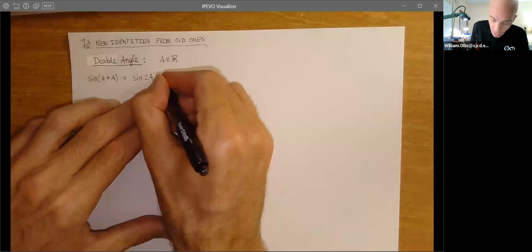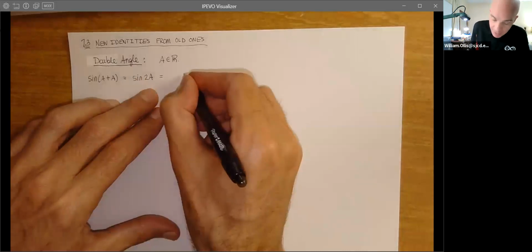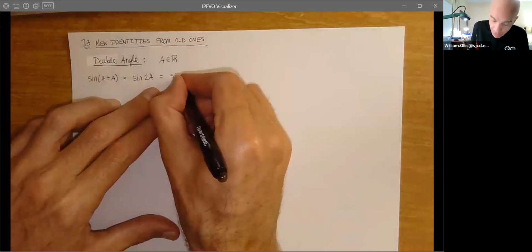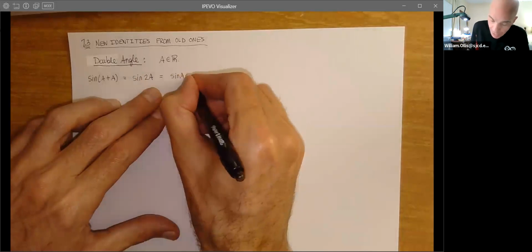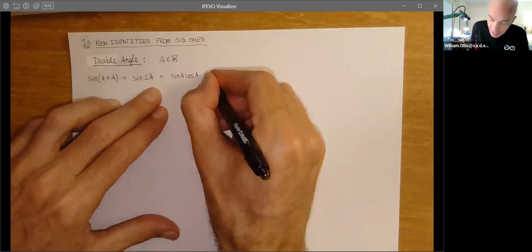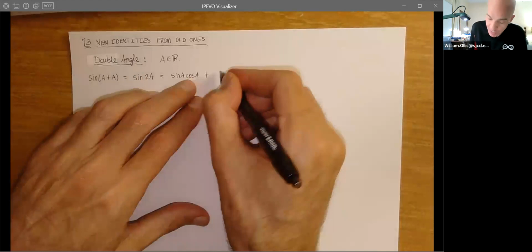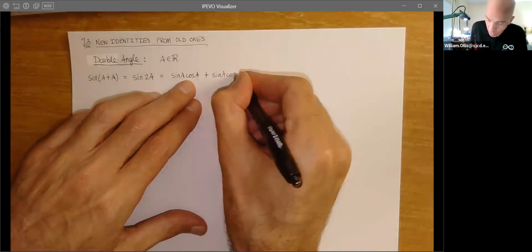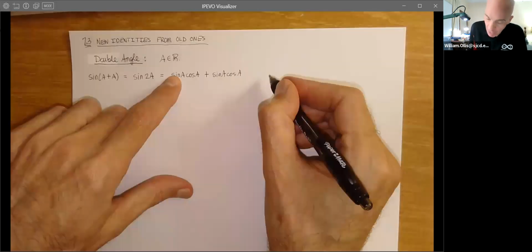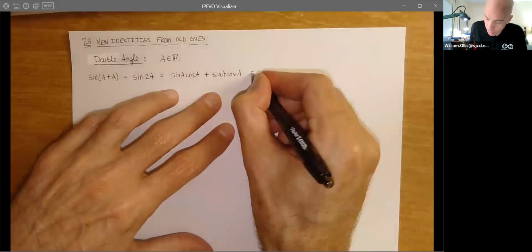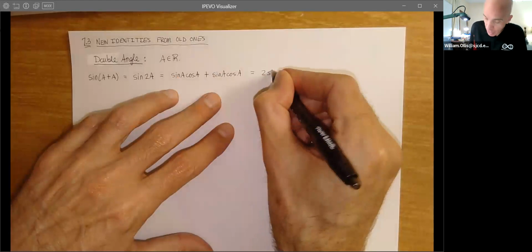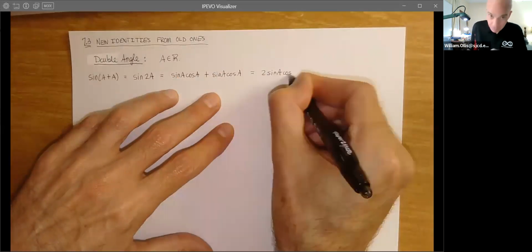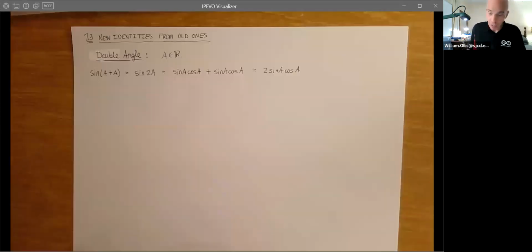So what is that? Okay, well, let's just fill it in. This is going to be sine A cosine A, and then we flip the arguments, but they're the same. Sine A cosine A. Well, we just get two of the same. So this is just 2 sine A cosine A. Wow, double angle.